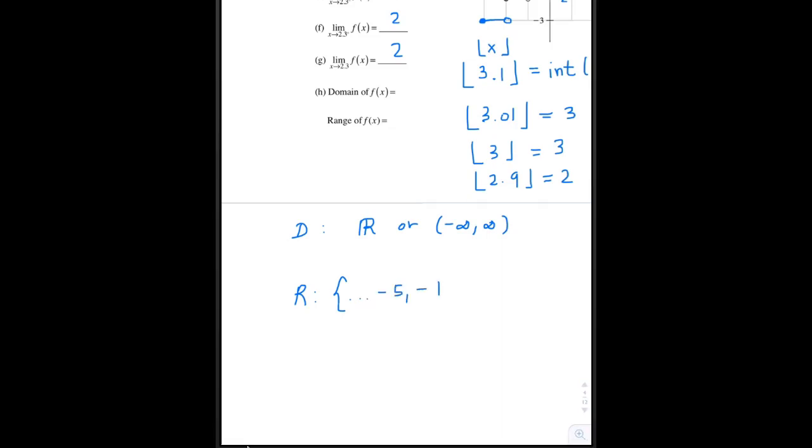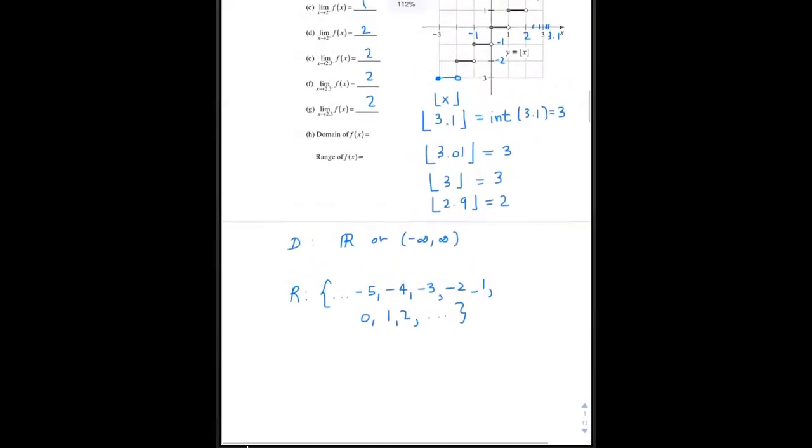So -5, -4, -3, -2. And that would be the range of this. So we get these actual just discrete values. Okay, so let me zoom out.